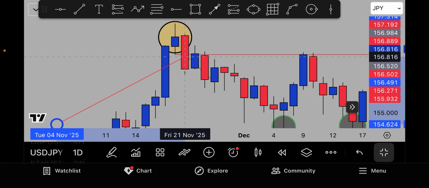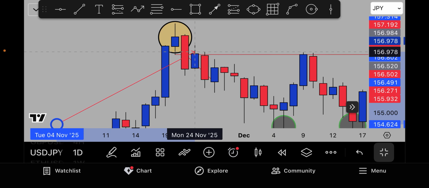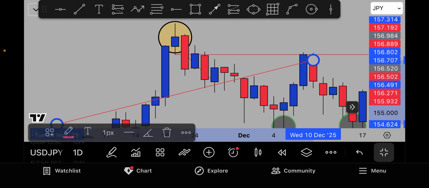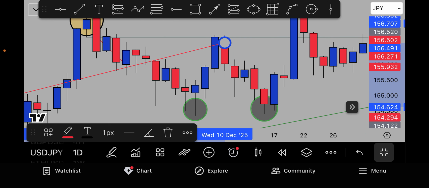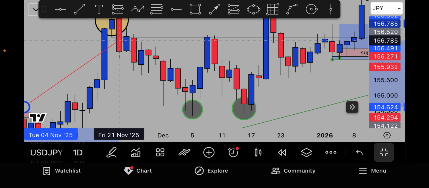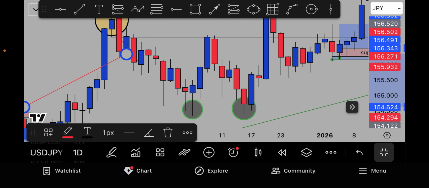And right after we got this close, yes, price did come back up a little bit on this blue candle, but then it shot back down for 1, 2, 3, 4, 5, 6, 7, 8, 9, 10, 11, 12, 13, 14. So for almost 2 weeks, price shot down from this moment. And this is the importance of knowing when these candles are actually showing their hand, and the importance of the lows and the highs.